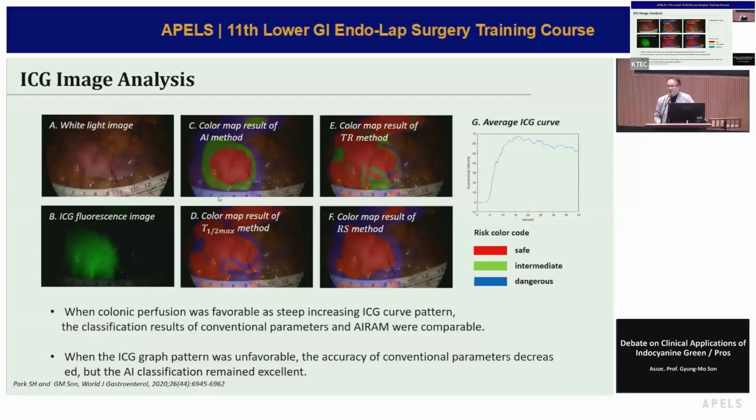It's very easy and very intuitive for a young surgeon determining the transection line.